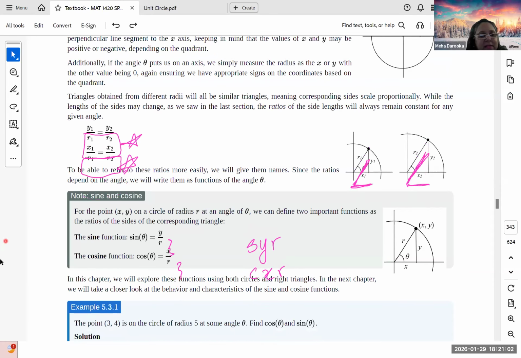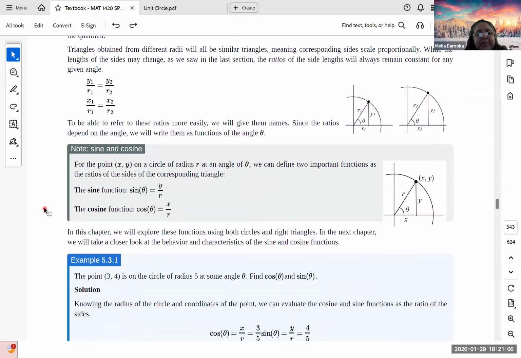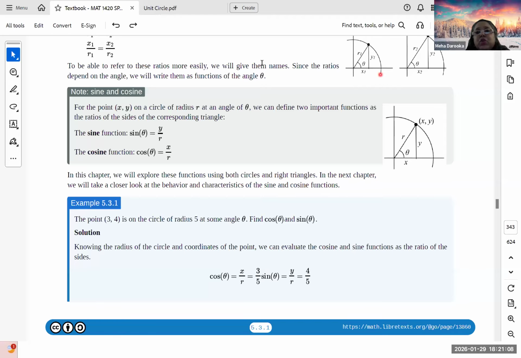All right, let's clear this out. So again, as you start working with these sine and cosine functions, remember these functions can work both with circles and right triangles. We will obviously build up and get a little more technical as we move forward, but let's go with what we have right now.